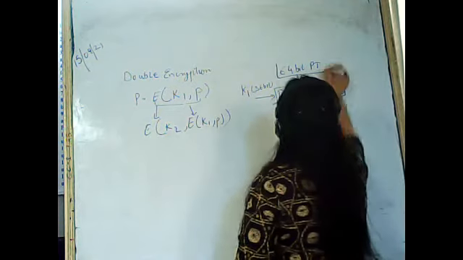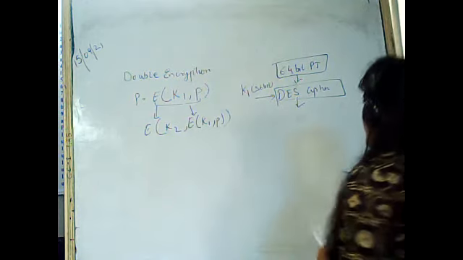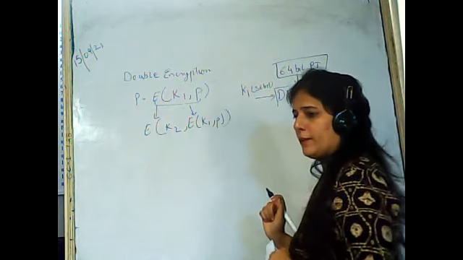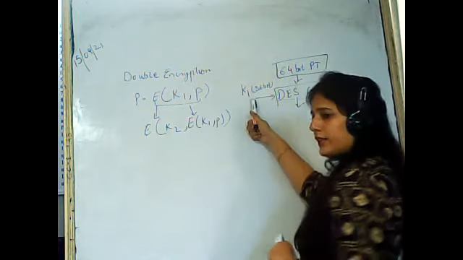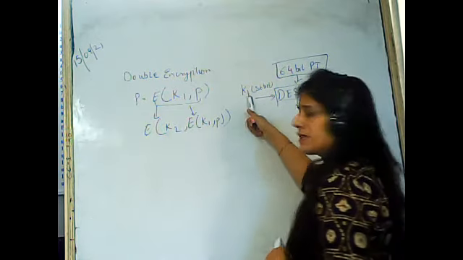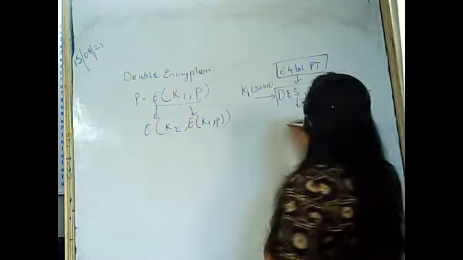So this is the 64-bit plain text, and next we have the DES cipher, and we have K1 of 56 bits. K1 is your key. Then we have the DES cipher, and the size of my key is 56.